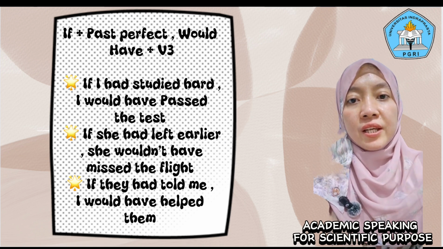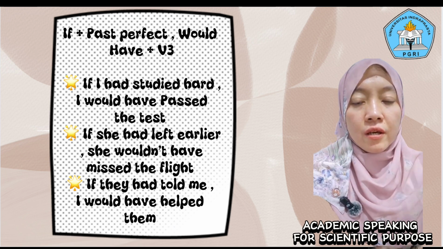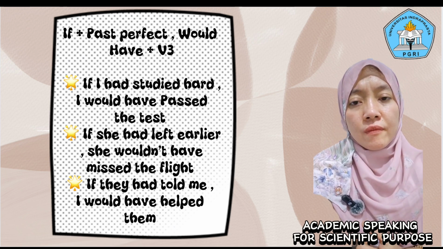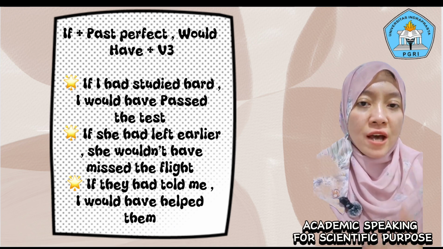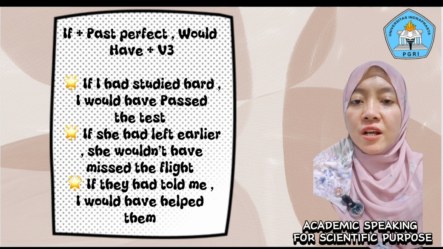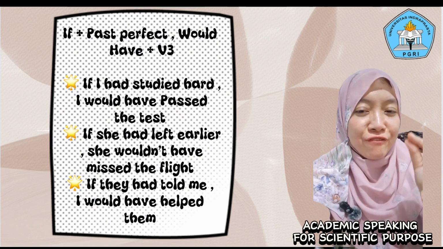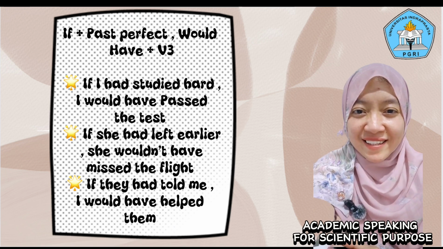We use this conditional when we look back and think, what if things had been different? It's perfect for stories about regrets, missed chances, or imagining alternate paths. It's a bit tricky at first, but with practice, you'll get it easily.